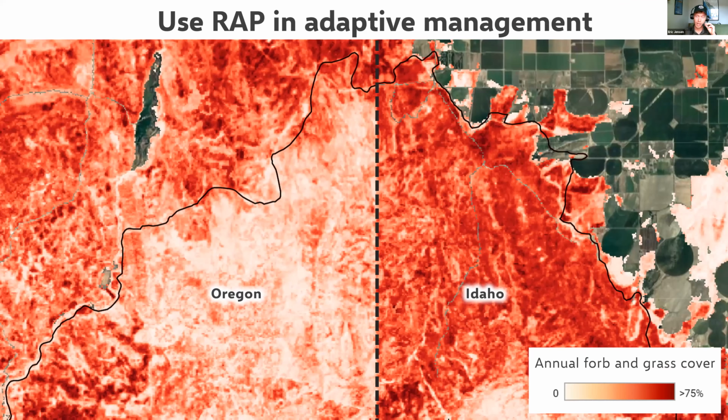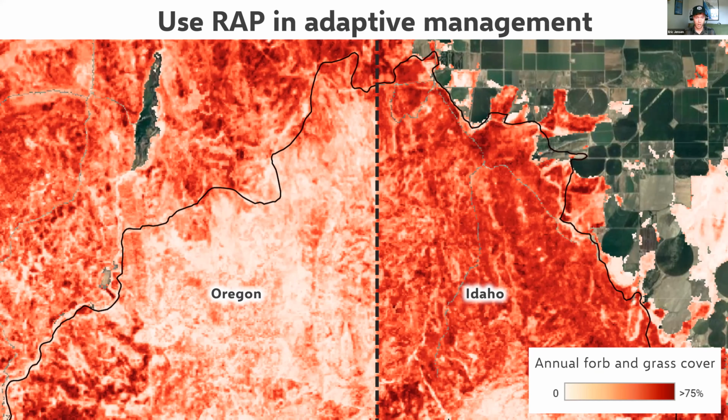Similarly, because of the ability to look at change through time, you can use RAP in the context of adaptive management. So this is an example from a fire that burned in 2015, straddling the Oregon and Idaho border. And you can see that across that state line, there are some significant differences in annual herbaceous cover.